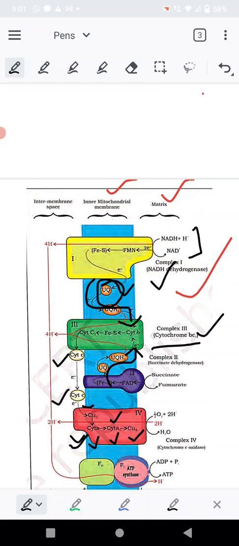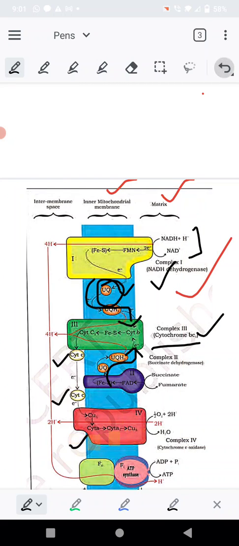When the electrons are shunted over the carriers from 1 to 4 in the electron transport chain, they are coupled to ATP synthetase for the formation of ATP from ADP and Pi. So the transfer as well as the formation of ATP is coupled over here.